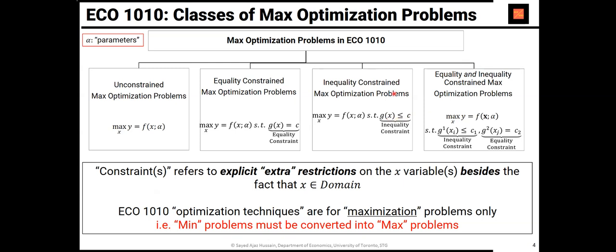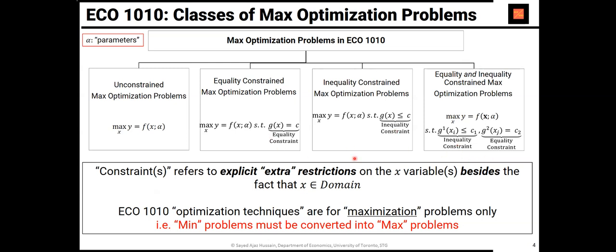And of course, you can combine the two, where you have both inequality and equality constraints. Obviously, I've given you very simple problems with only one equality, one inequality, and the same thing here, one inequality, one equality.